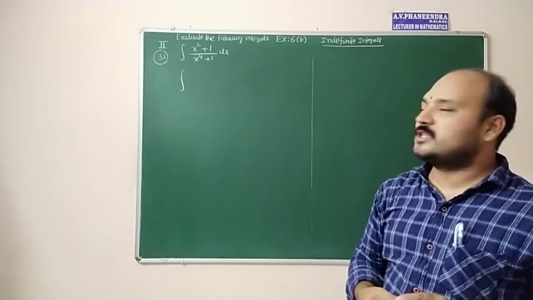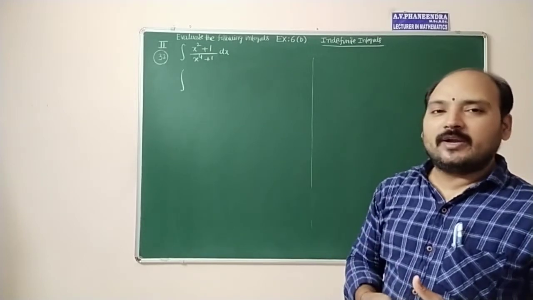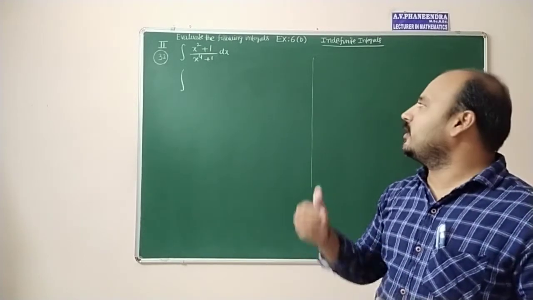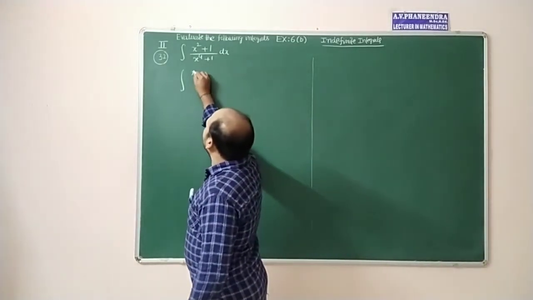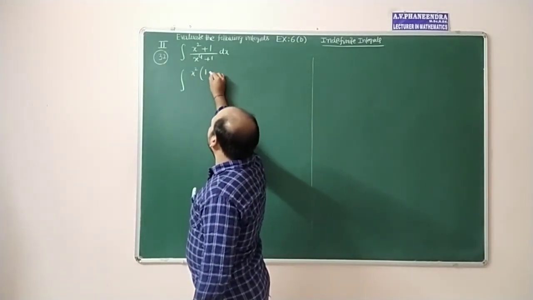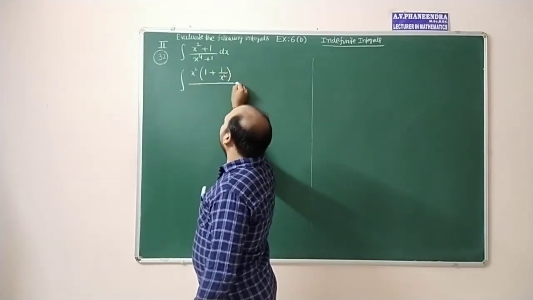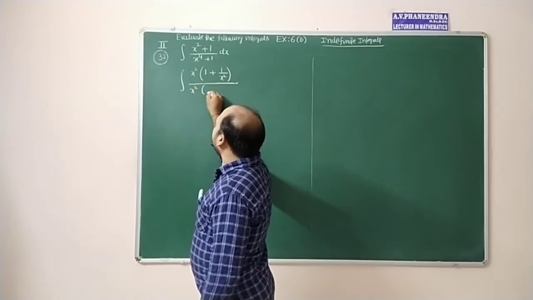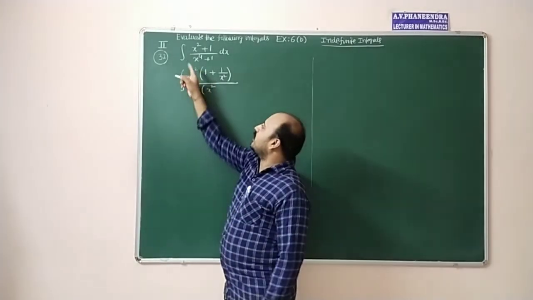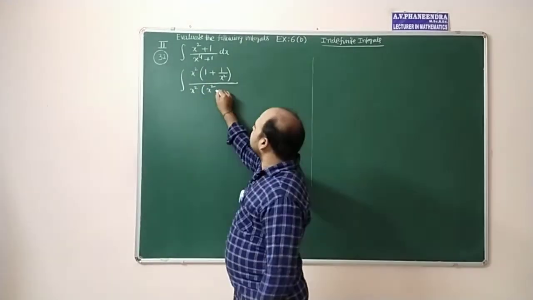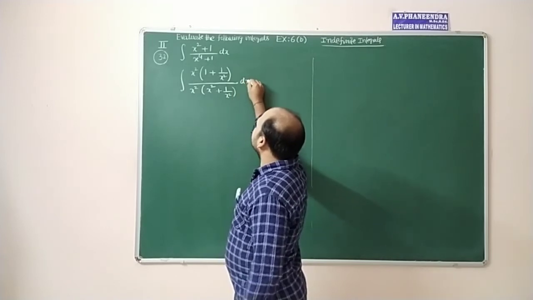Whenever x² and x⁴ are there, take x² common from the numerator and, at the same time, x² common in the denominator. From the numerator, x² into (1 + 1/x²), divided by x² common in the denominator, where one more x² will be there, plus 1/x², into dx.